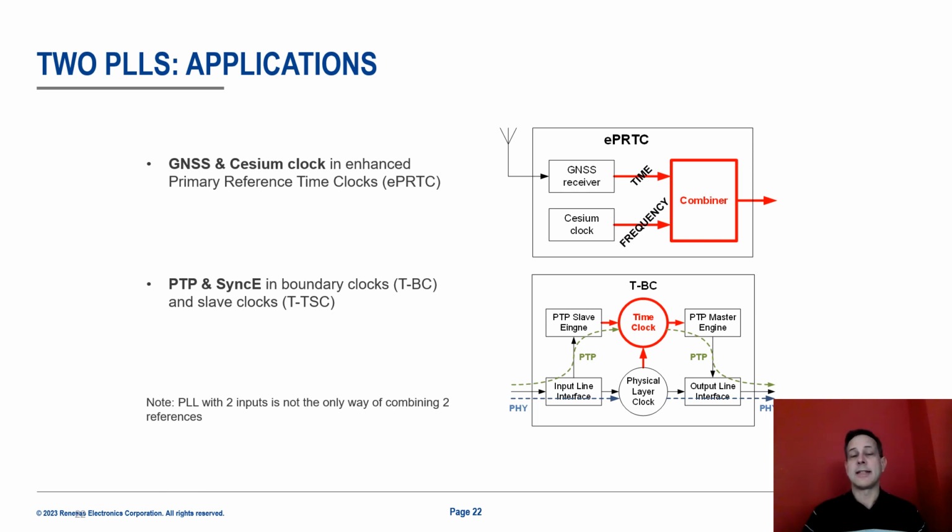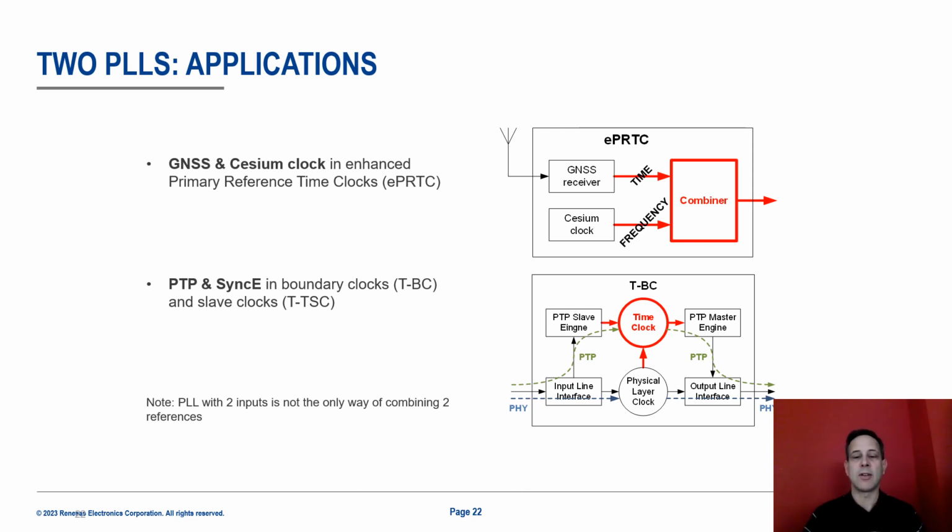This technique is also used today in telecom boundary clocks, where we combine the benefits of physical layer synchronization, such as synchronous Ethernet, with that of the PTP time clock to stabilize the clock during the filtering of the PTP time packets.